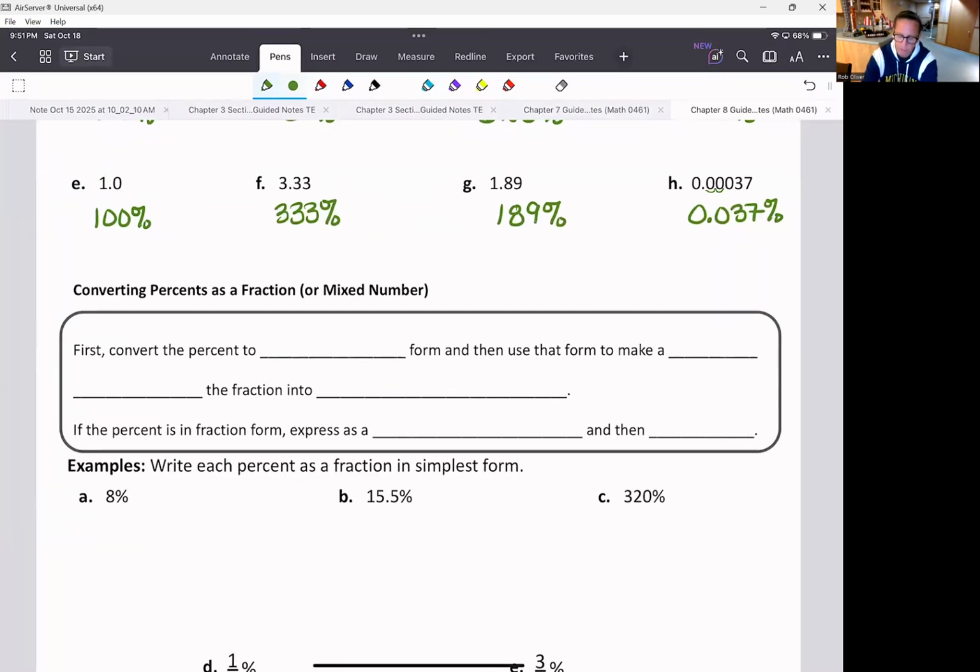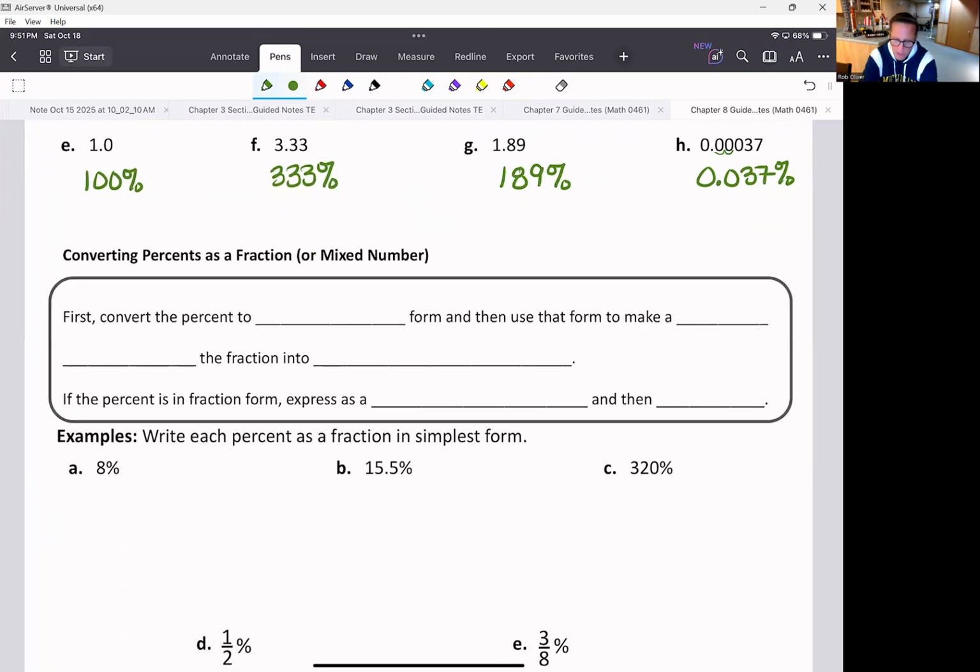Converting percents to a fraction. Now, the first thing you want to do is convert the percent into decimal form. I think that's going to be the easiest avenue you want to take. Convert it to a decimal, and then use that form to make a fraction.